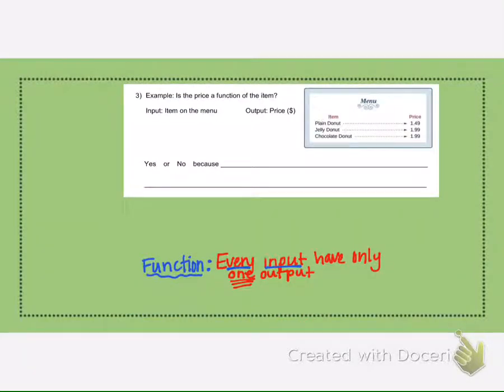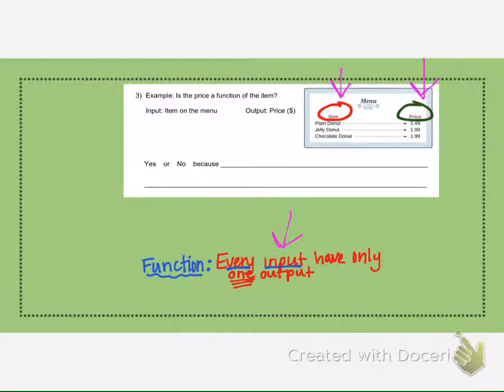Problem 3. Is the price a function of the item? If we let the input be the item on the menu and the output be the price, we want to know if this is a function. You should be asking yourself, does every input, item on the menu, have only one output, price?